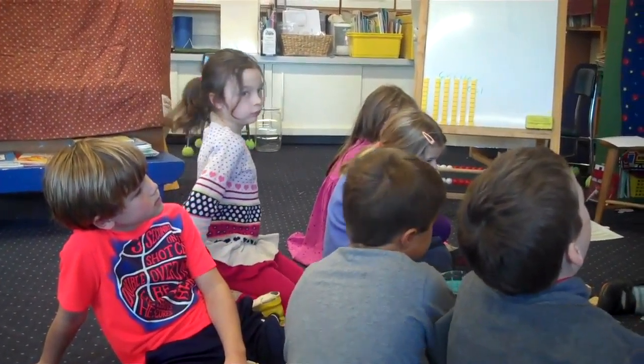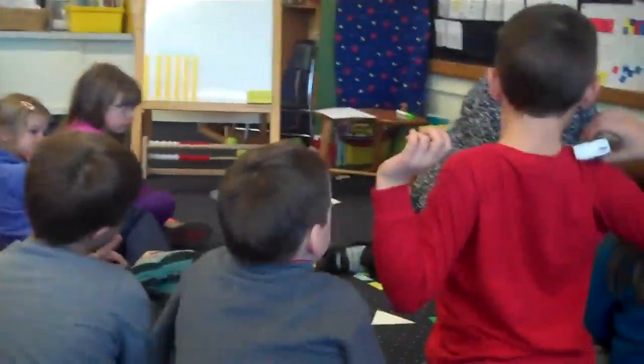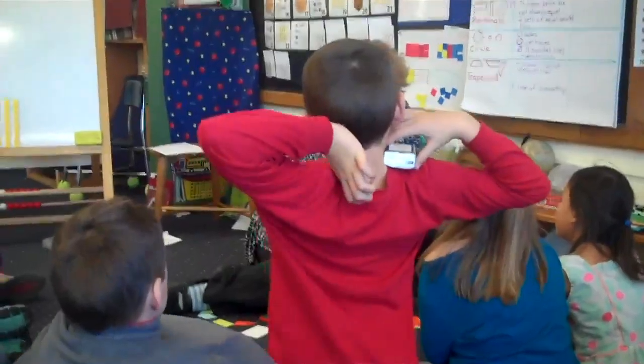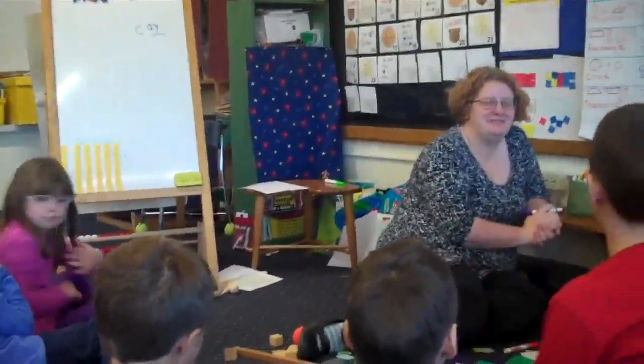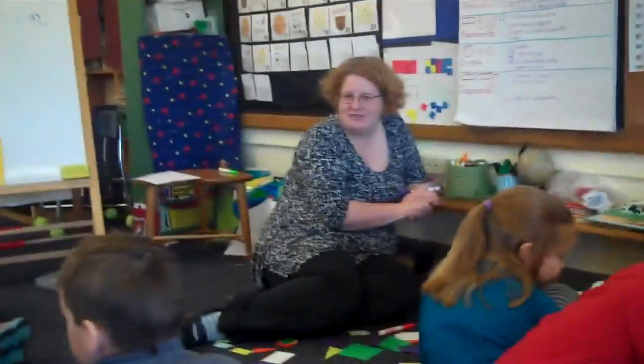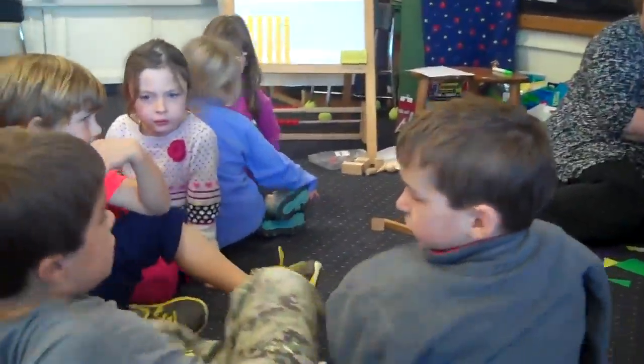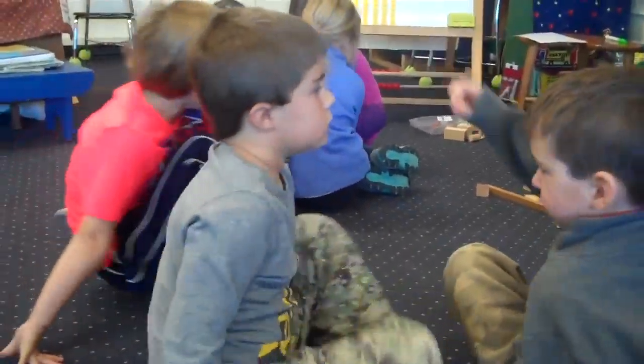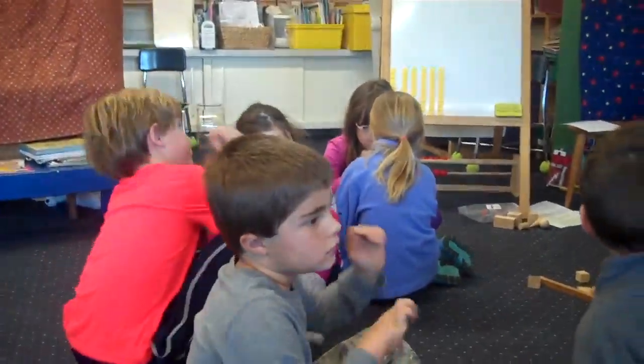Are there any parallel lines? Yes. No. Yes. Turn to your partner. Talk to your partner. Tanner, your partner is Case. See if you can figure out if there's any parallel lines in a trapezoid.